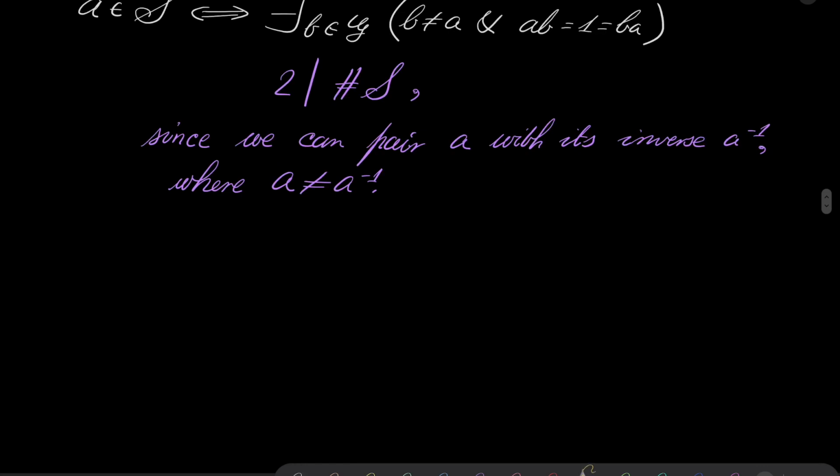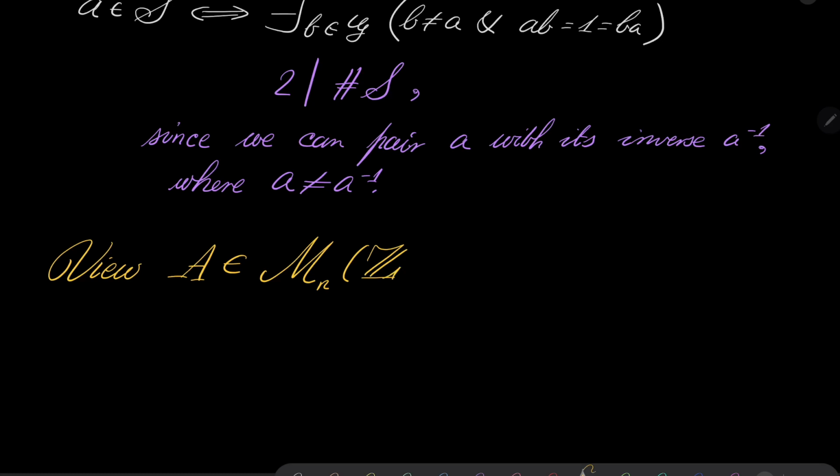which leads to a very important observation. So now, from now on, let's view our matrix A as n by n matrix with entries from Z2 field. And notice that then we have the following. What happens when I take matrix A and I multiply it by column vector of just ones?